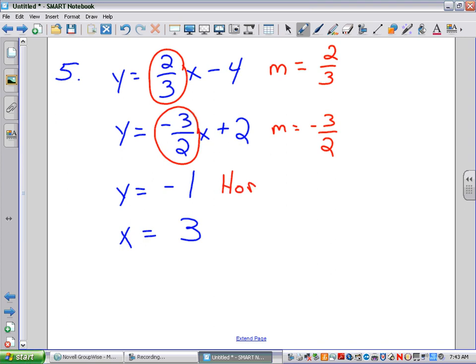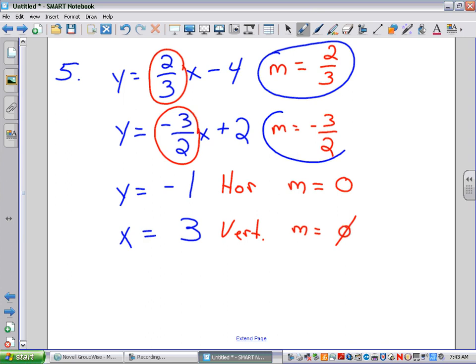That's horizontal. So what's the slope of a horizontal line? 0. The bottom one, the fourth one, x equals 3. That is not horizontal, but vertical. So my slope there is undefined. So which ones are perpendicular? The top two are perpendicular.